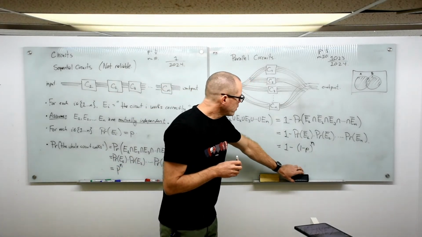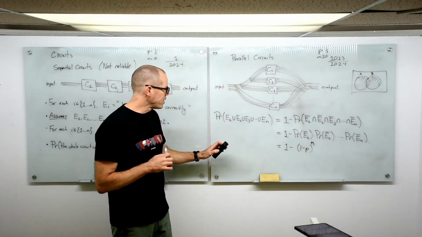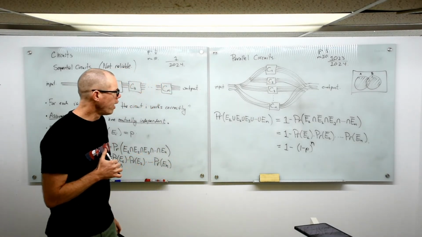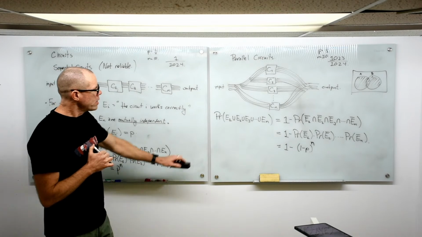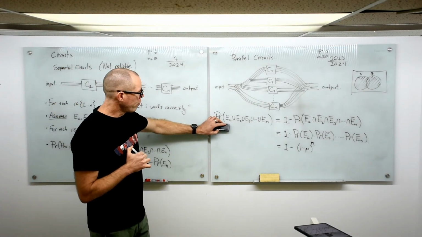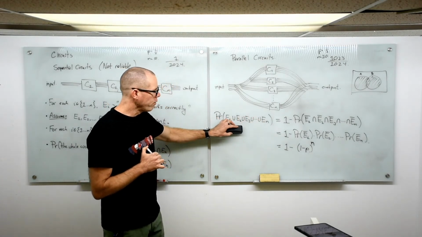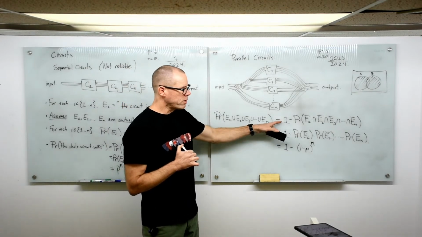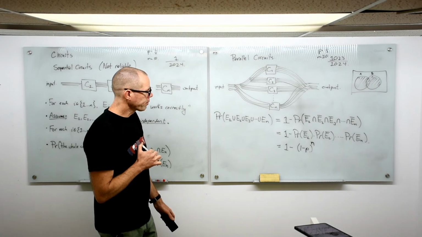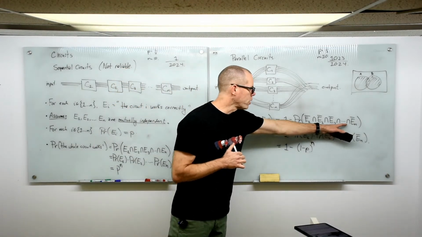All right, so that's a fairly easy but very useful example. And pay attention here, because it's a super useful trick when you have the probability of a disjunction of a bunch of events, an OR of a bunch of events. Usually then what you want to do is use the complement rule to turn it into a conjunction.